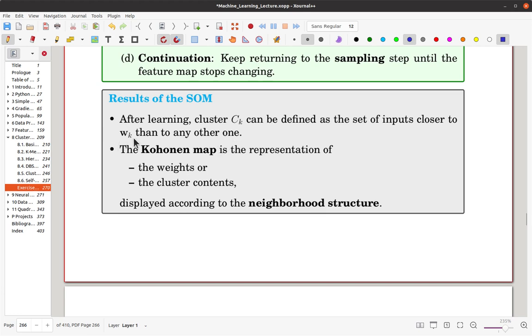So, in a sense, W_k is serving as a centroid of the cluster. Now the map is the representation of the weights or the cluster contents, displayed according to the neighborhood structure.